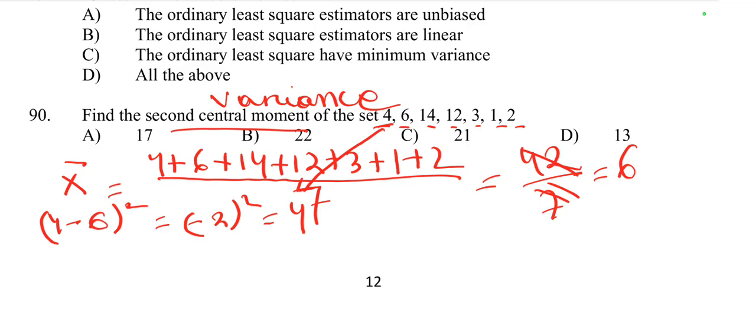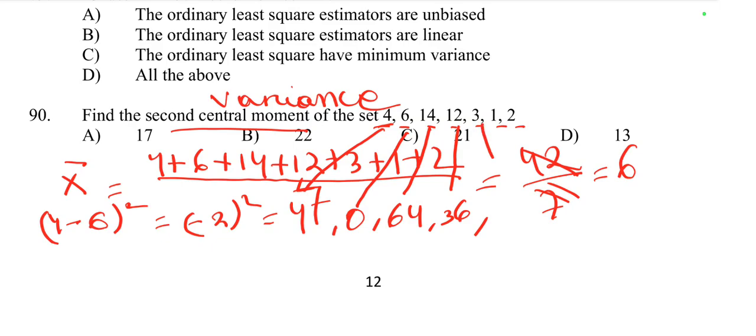Then 6 minus 6 is 0. Then 14 minus 6 is 8, and 8 square is 64. Then 12 minus 6 is 6, and 6 square is 36.